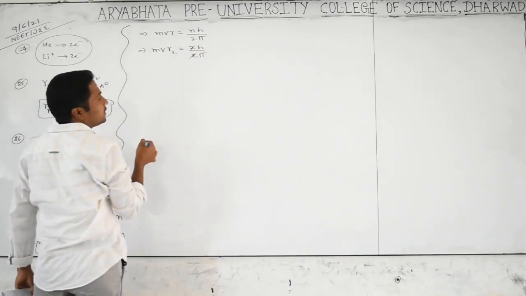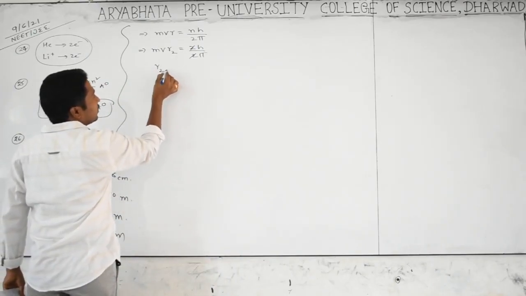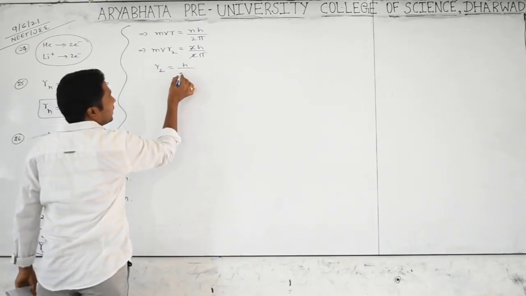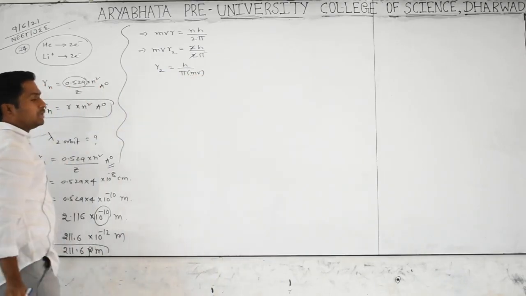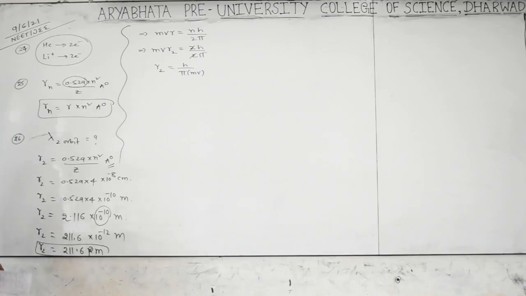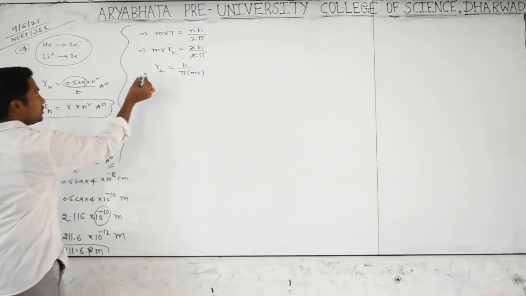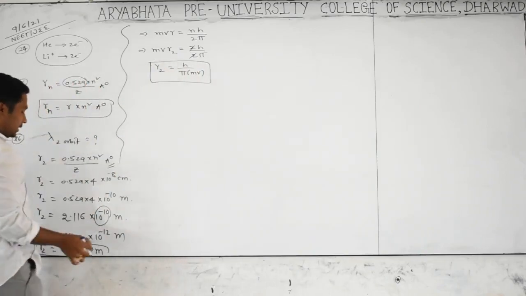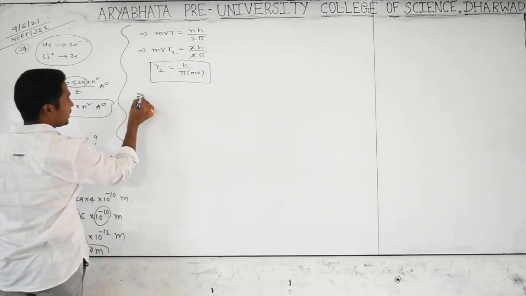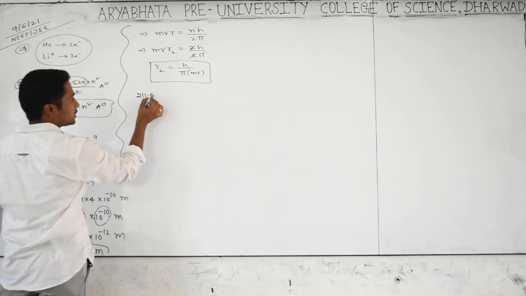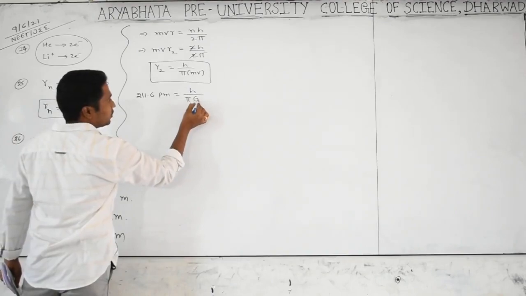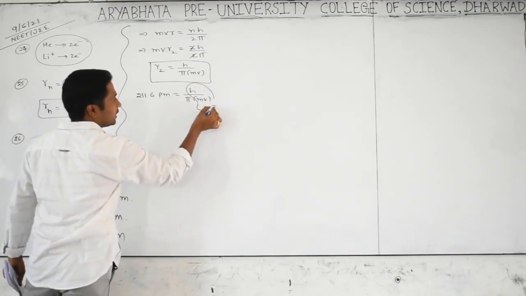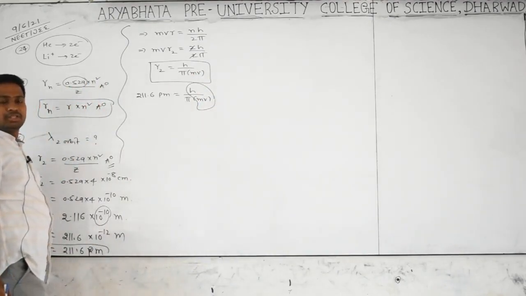The 2 cancels, so the radius of the second orbit is equal to h by pi into mv. This R2 is equal to that R2. So 211.6 picometers is equal to h by pi into mv.